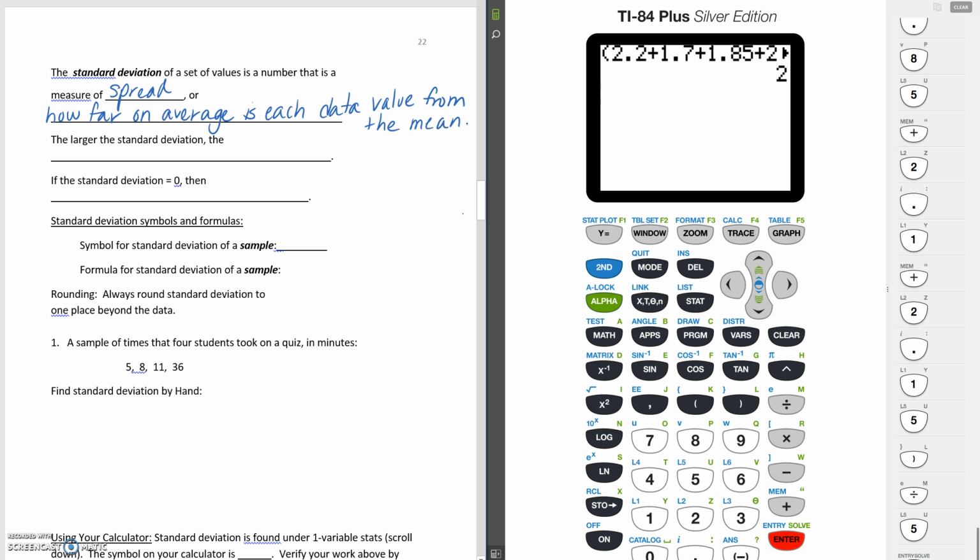So it's actually an average. It's a mean of how far each of the values are from the average, from the middle.